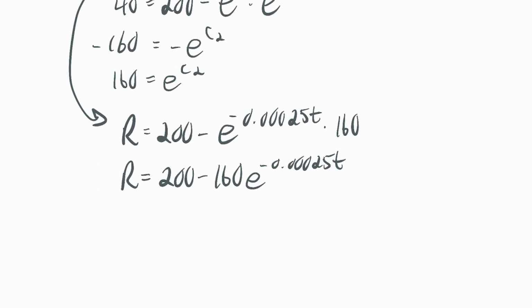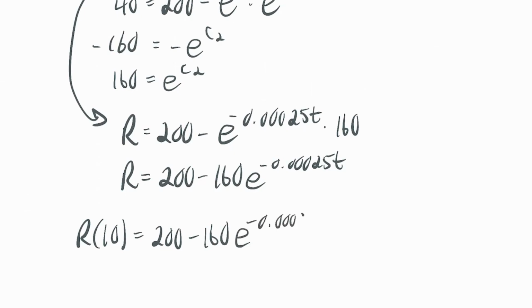So I could ask, what's the revenue at 10 years? What is R of 10? We did this with the previous example. It was something like 33,000, I believe. What does this one say? Well, 200 minus 160 e to the negative 0.00025 times 10 power. Let me grab a calculator.